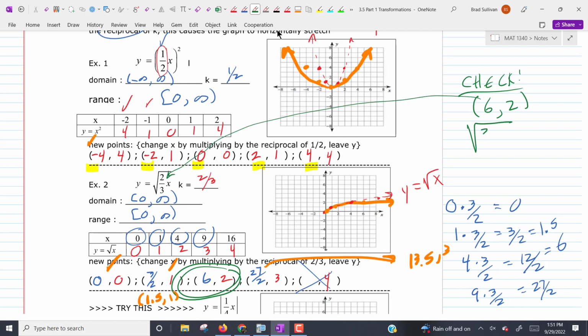We would have the square root of 2/3 times 6. That's the square root of 12 over 3, which is the square root of 4. Isn't that 2? So you can check. You can tell you're right. Okay. So you do that. That's how you ultimately understand what's going on with transformations, is checking. Okay? All right. Good job.